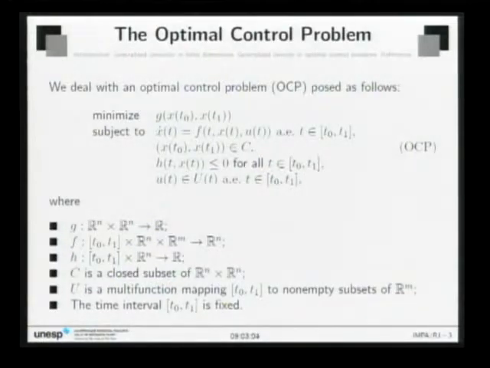So given a control, we have a response, which is the trajectory x, and the terminal states, initial and final, are constrained to a set C. C lives in R^n times R^n, and we also have these state constraints, and the controls are also constrained to some set which depends on the time as well. So here is where the functions are defined. U(t) is a multifunction as well, and this time interval [t0, t1] is fixed. It can be moving as well, but it is fixed.